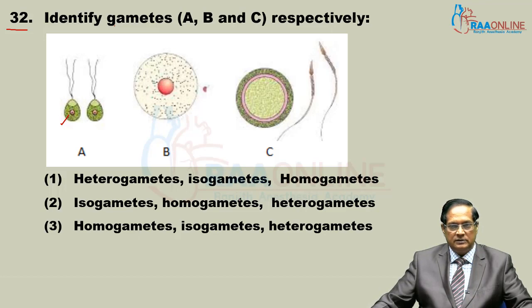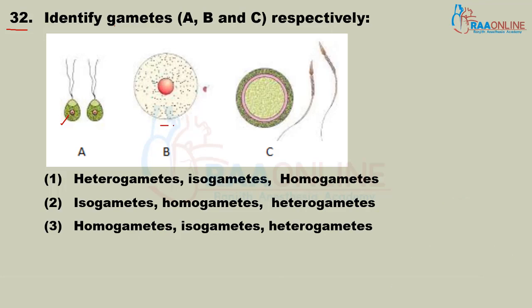Second one, anisogamete. B is aniso and C is also aniso. So better, this question is actually incomplete. We'll cut this one and discuss after that.